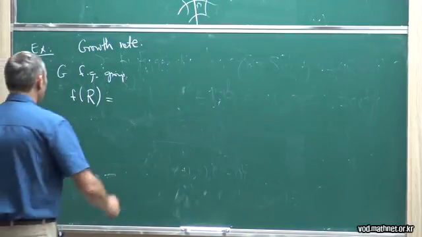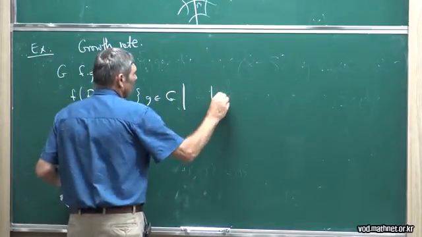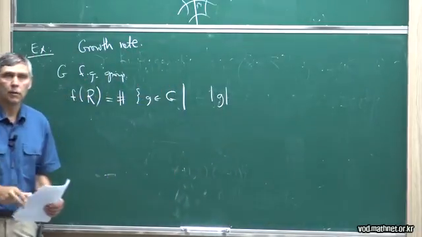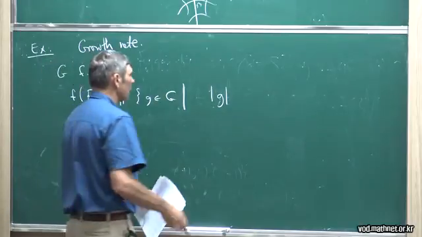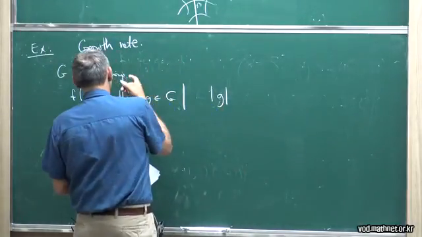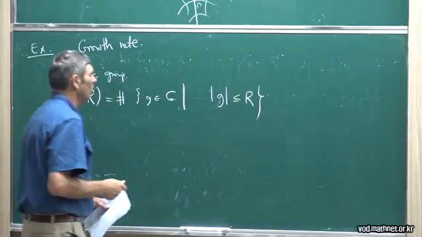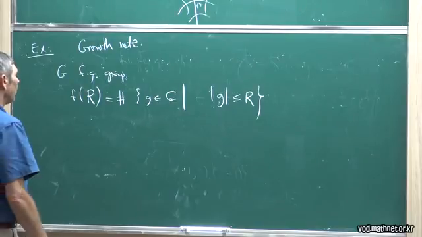So this is the number of g in G such that the word norm of g with respect to a fixed finite generating set, which I did not even bother to name, is at most r. I want to count how many words I have of length at most r. Okay, so that's a function.